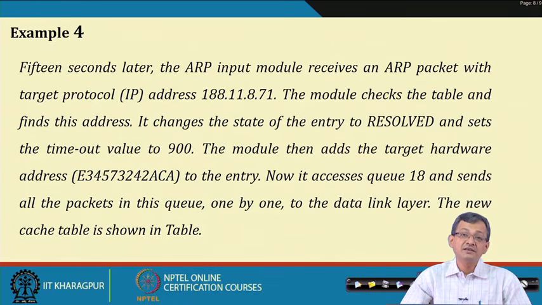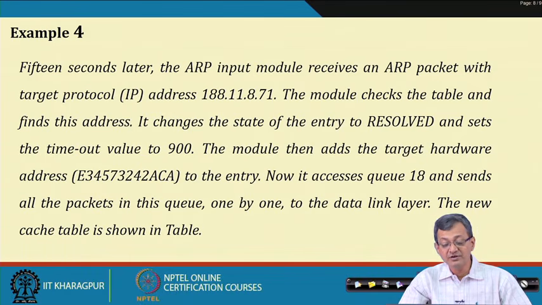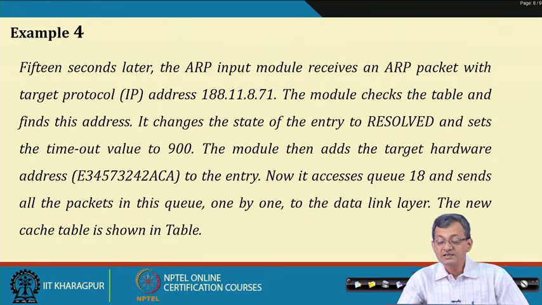Example 4: 15 seconds later, the ARP input module receives an ARP packet with target IP 118.11.8.71. Let us check whether it is there. It is there. The module checks the table and changes the state to resolved. The module sets the timeout to 900 and adds the IP address and the MAC or hardware address to the entry.